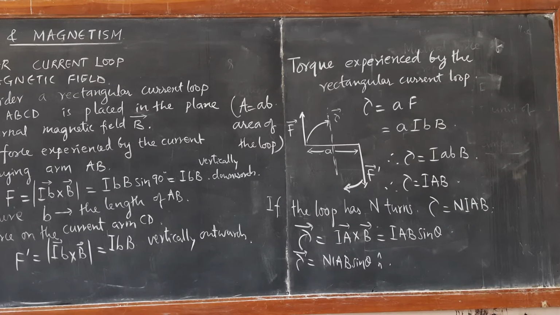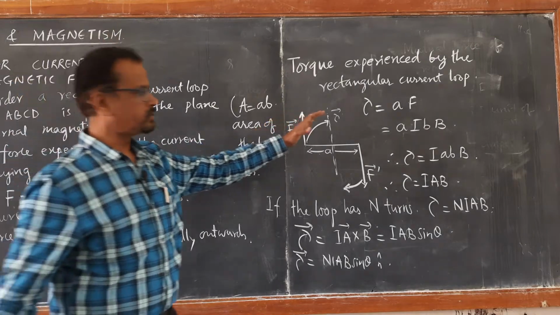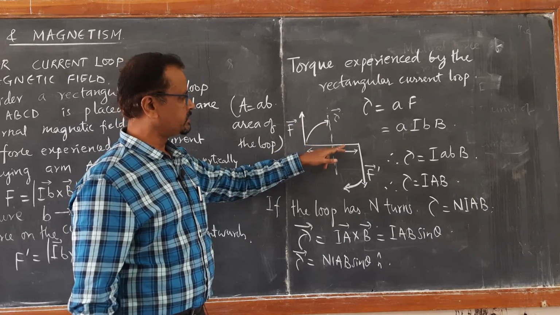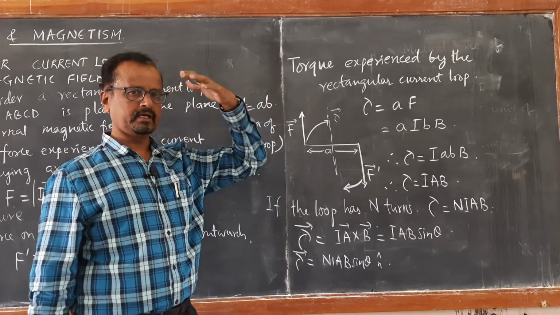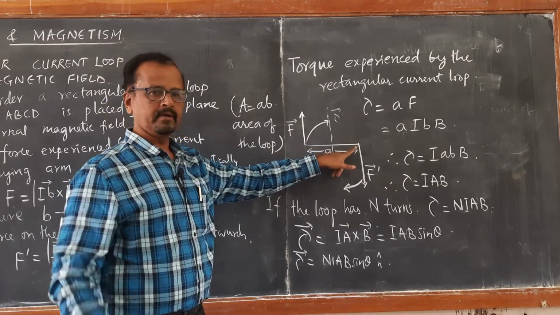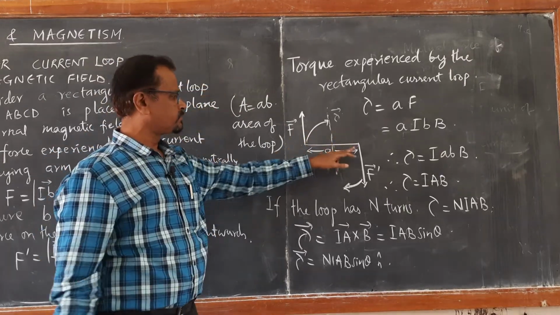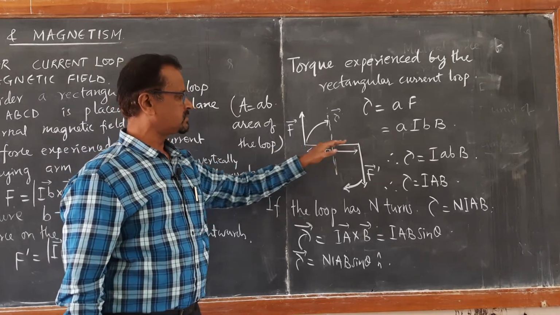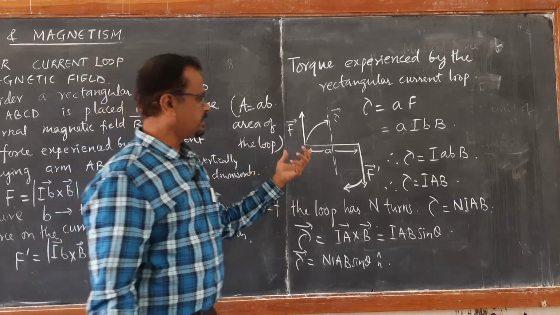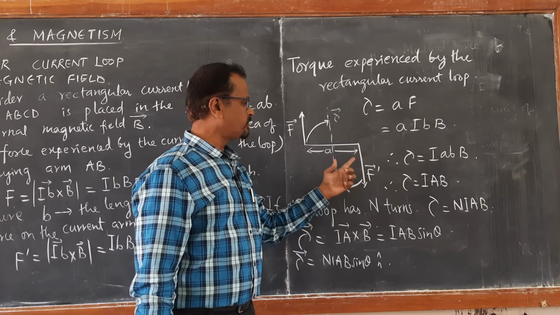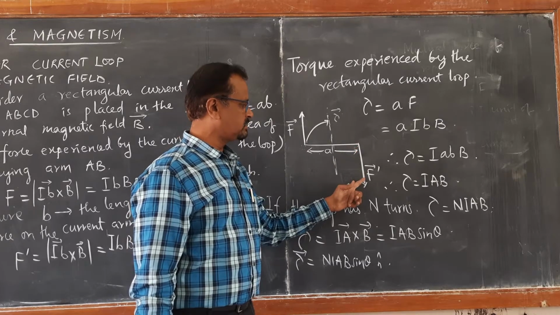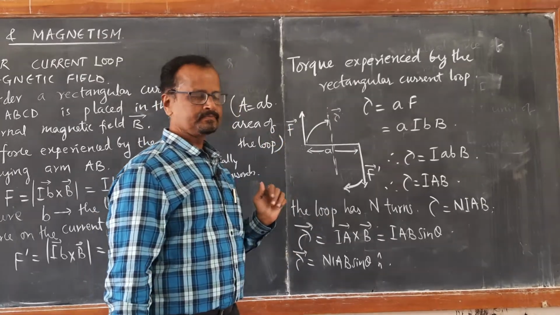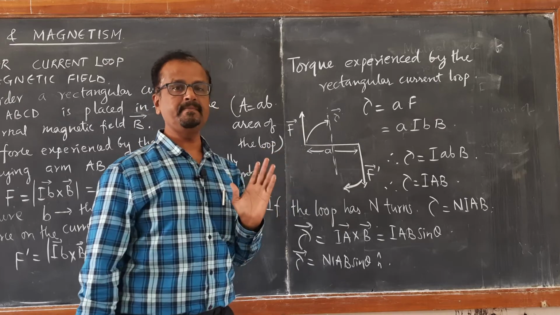Now, you can see the torque experienced by the rectangular loop. When you look at the top view of the rectangular loop, you will see the arm AB and arm CD, that is the upper arm, which is of length a, right. So, if you consider the length of this arm as a, look at this: one force on CD is acting vertically upwards, another force on AB is acting vertically downwards. So, F and F dash are of the same magnitude.